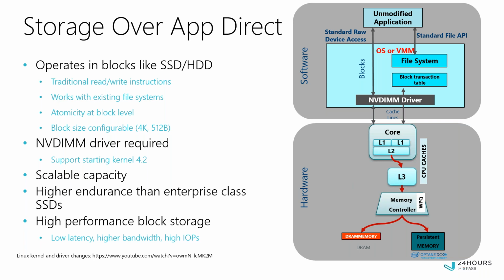So it still has higher performance, but like I showed, the difference in performance from regular storage to Storage over App Direct is going to be less and less because we are adding a lot of overhead from the I/O subsystem. On the Linux side, we need to be at least on kernel 4.2. On the Windows side, we support it out of the box.